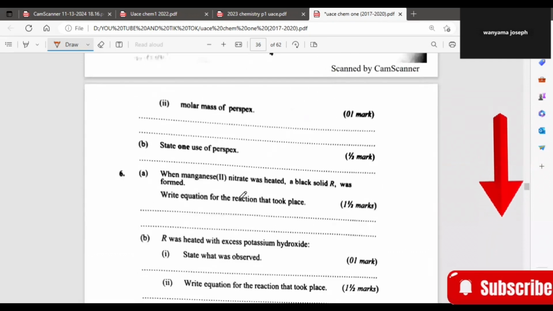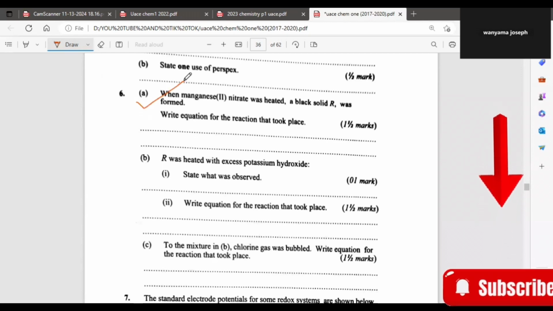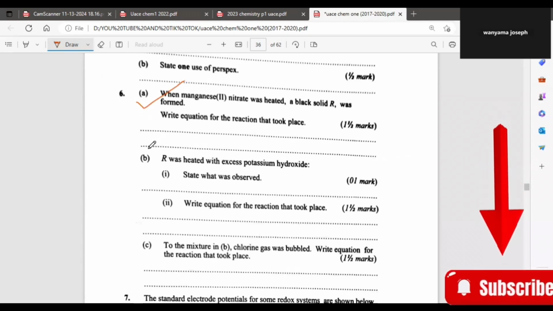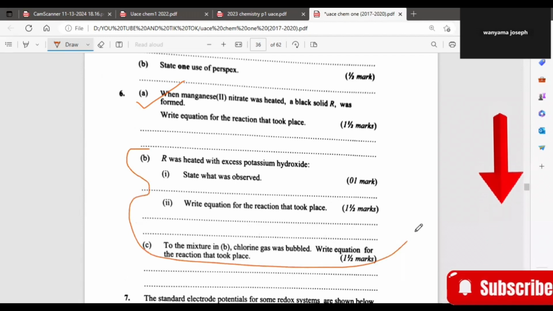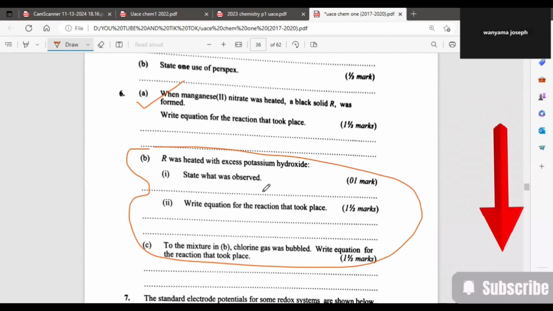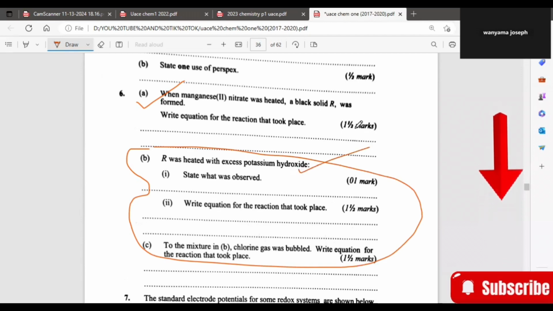Now looking down into number 6, we can see that this is actually inorganic chemistry, and this section is full of one area: the preparation of manganate(VI).